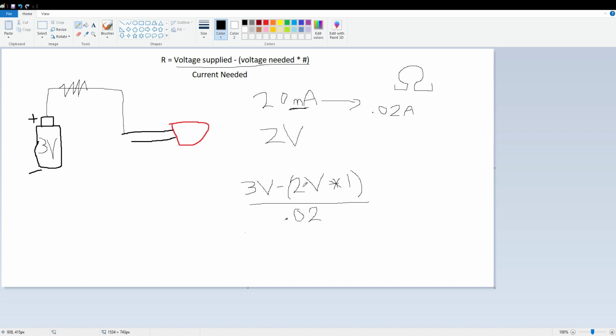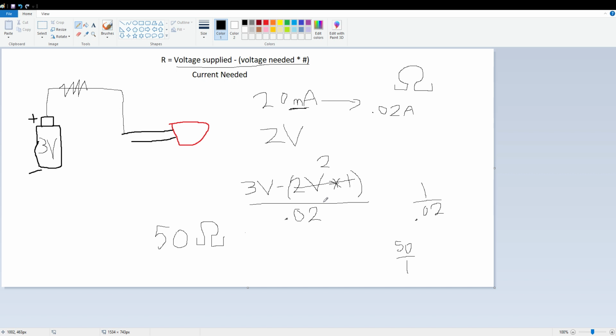So we're getting 3 minus 2 times 1. This is just 2. And then 3 minus 2 is 1. So it's 1 divided by 0.02. And if we multiply the top and bottom by 50, then we get 50 over 1. So we know the resistance that we need for the circuit is 50 ohms, just like this.